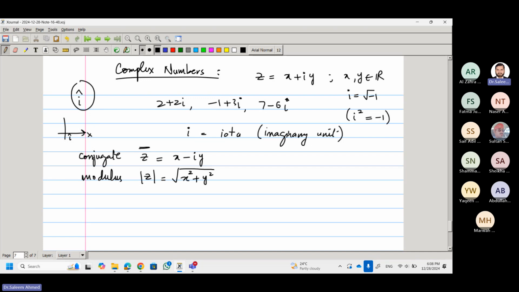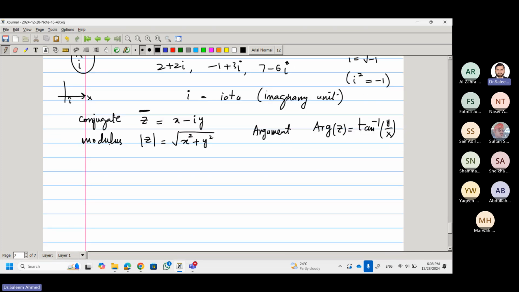Then we have the argument of z, written as arg z. That is tangent inverse y by x. If you divide y by x and take the tangent inverse, it gives you the angle.